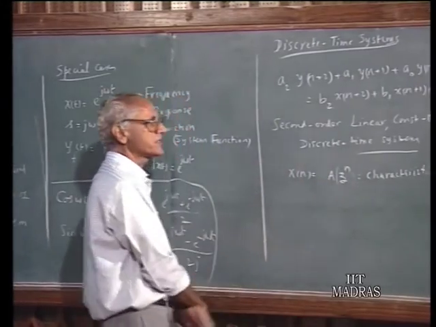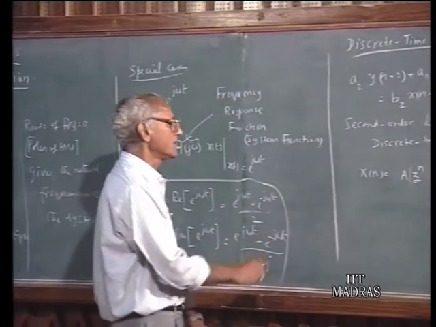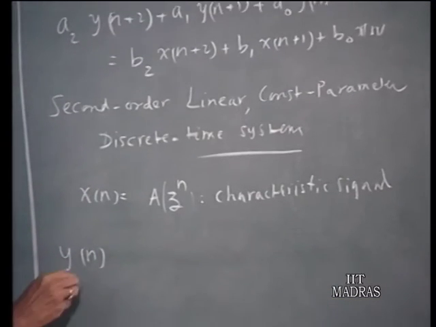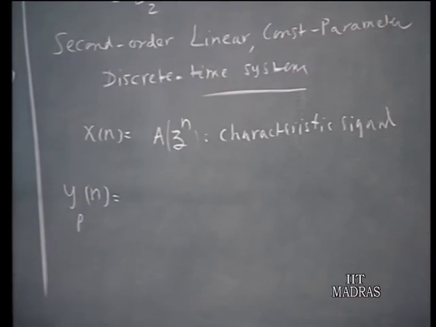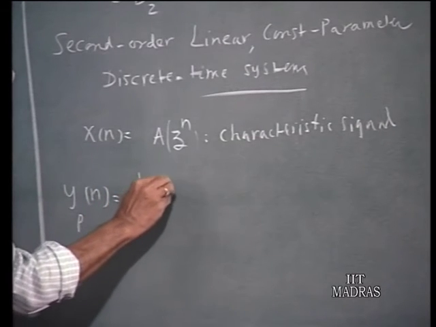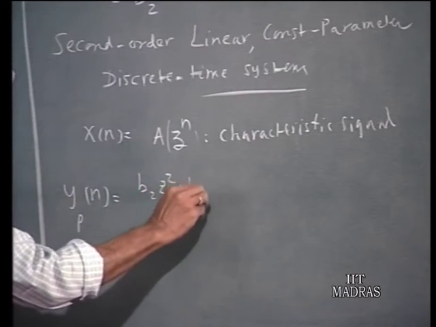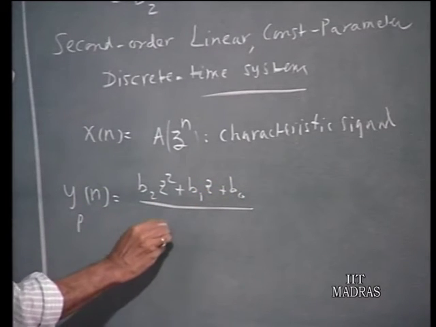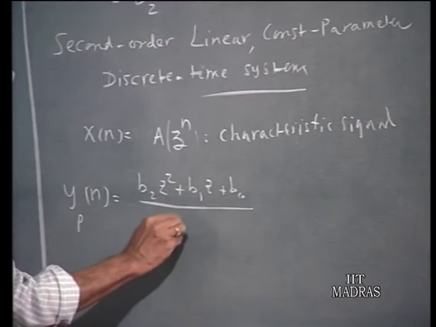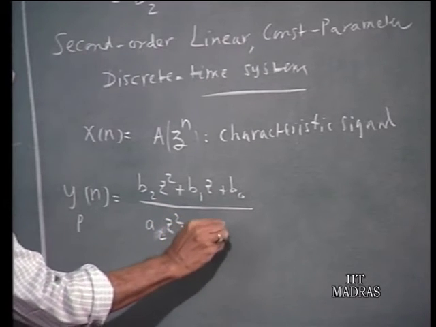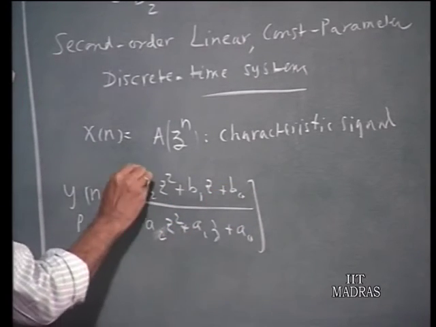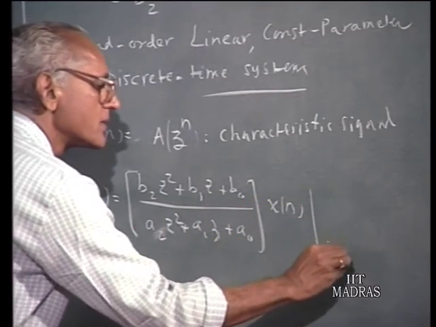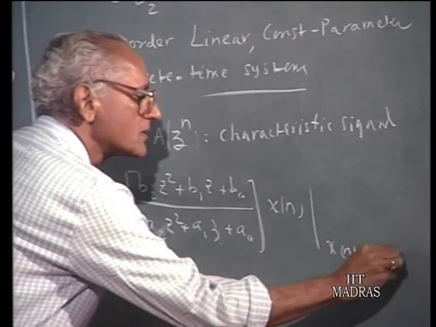Z to the power of n is a characteristic signal, and the forced response y of n, the particular integral solution for y of n, can be written as (b2 z squared plus b1 z plus b naught) divided by (a2 z squared plus a1 z plus a naught), multiplied by x of n, when x of n is a characteristic signal.